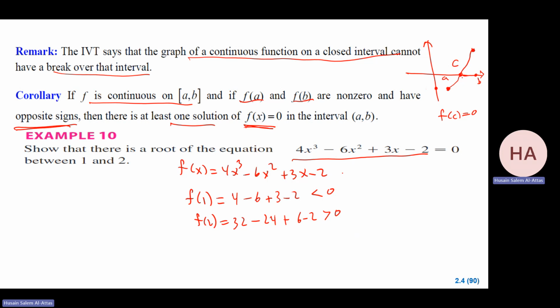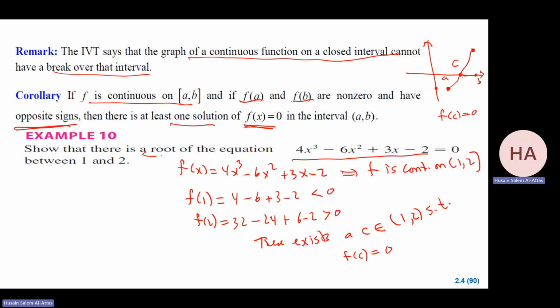By the way, I need to check if it is continuous. It's continuous everywhere. Between 1 and 2, there exists c belonging to this interval, 1 and 2, such that f of c equals 0. There is a root between 1 and 2. So we proved this.